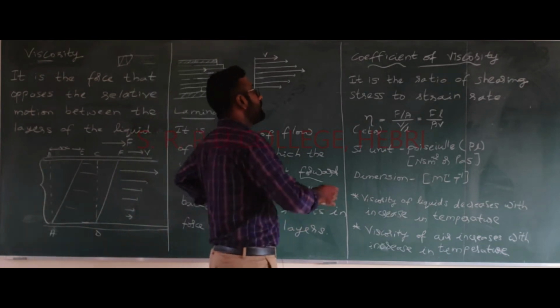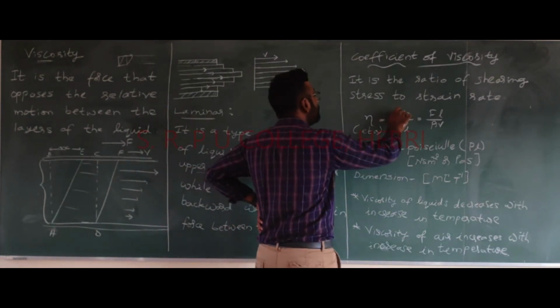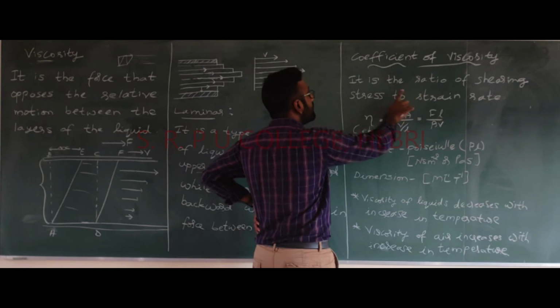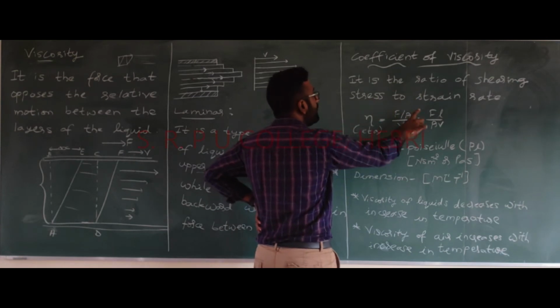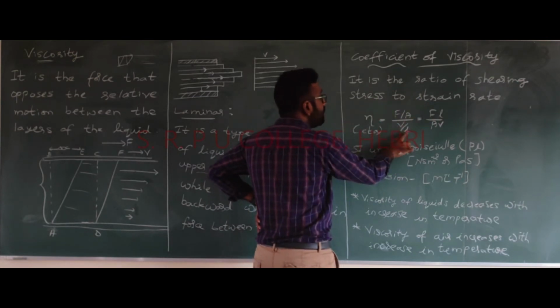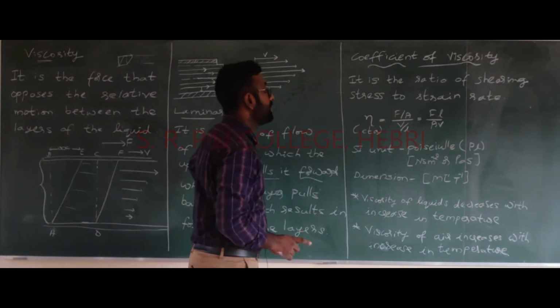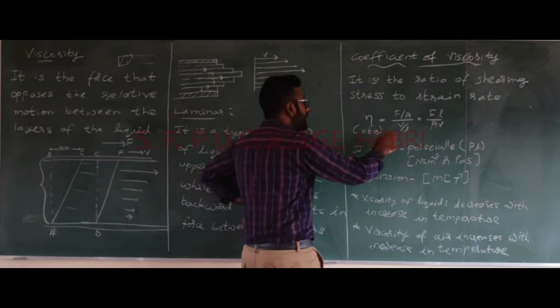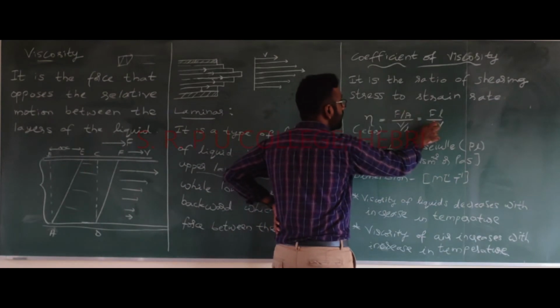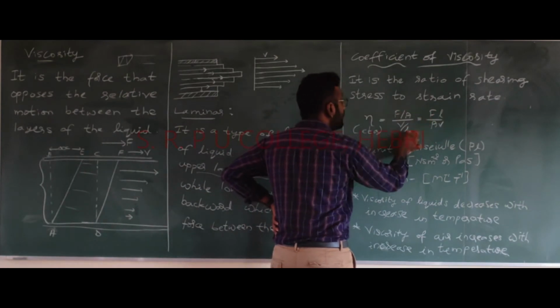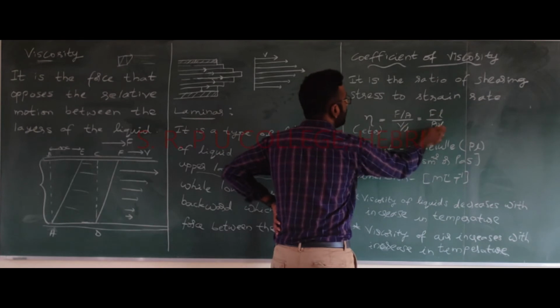So we can write it over here, that is F divided by A, that is nothing but shearing stress, divided by strain rate, that is V by L. These things were discussed in the previous chapter. Now we can take this A to the denominator, L will go to the numerator.